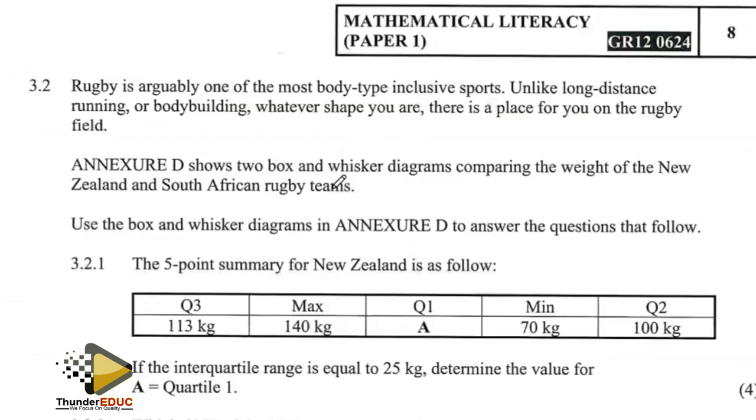Question number 3.2. Rugby is arguably one of the most body type inclusive sports. Unlike long distance running or bodybuilding, whatever shape you are, there is a place for you in the rugby field.